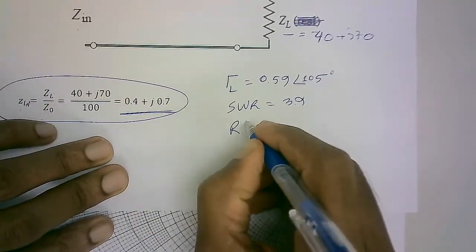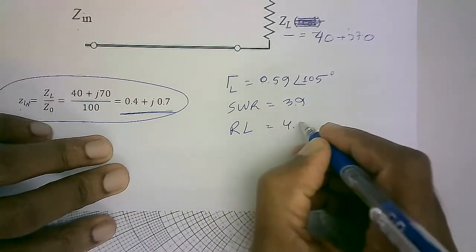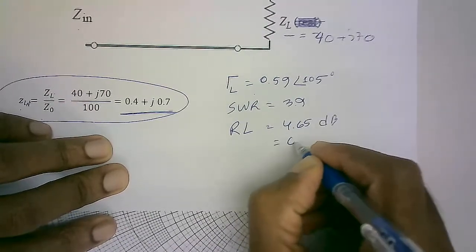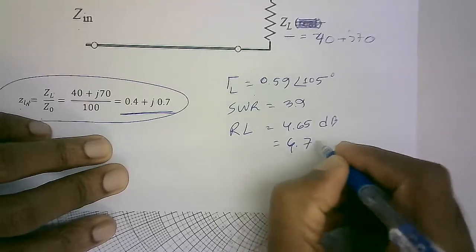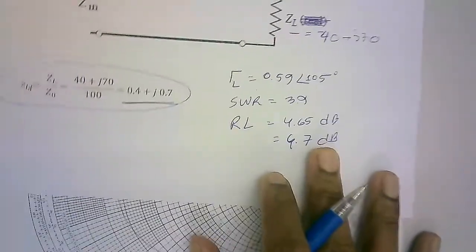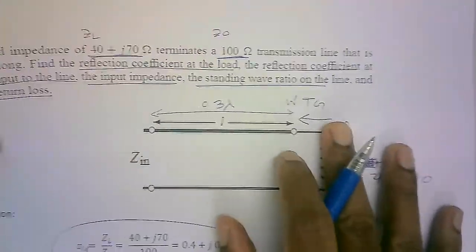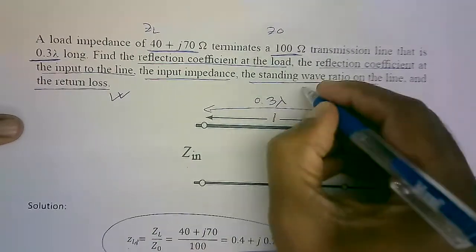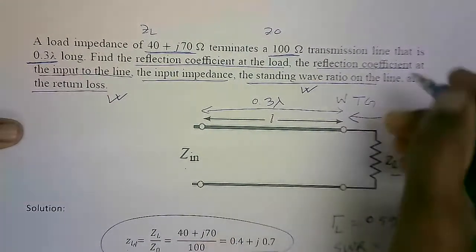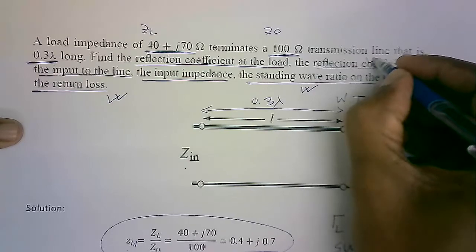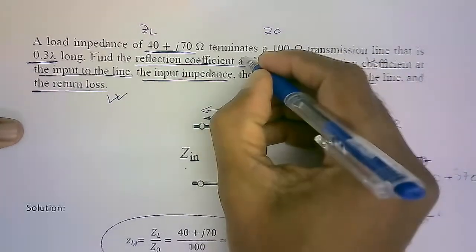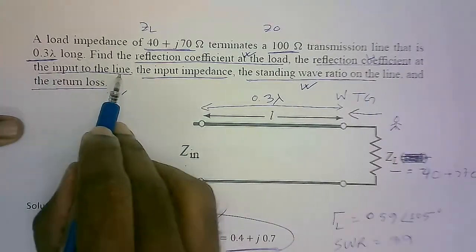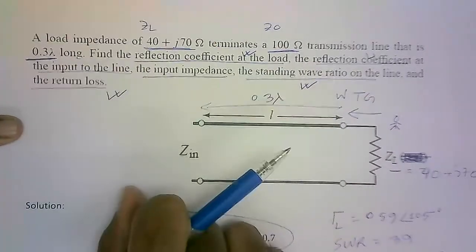So return loss RL is equal to 4.65 dB, or you can write 4.7 dB. Now what is left? Return loss is done, standing wave ratio is done, reflection coefficient at the load is done.